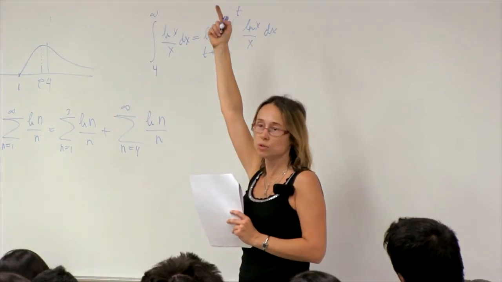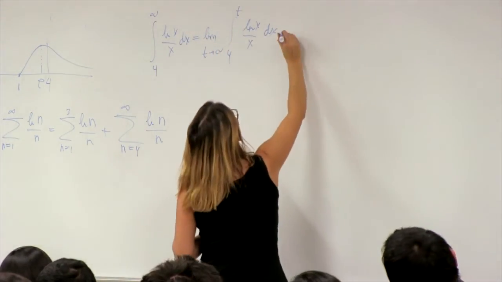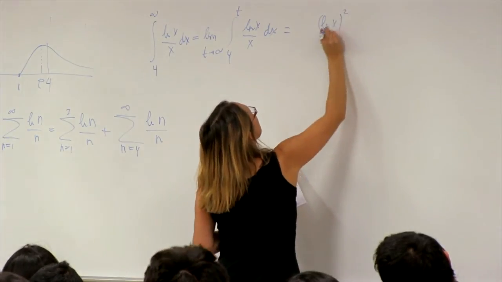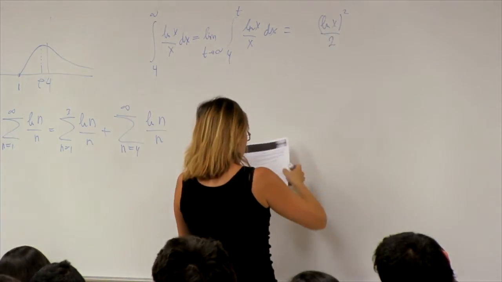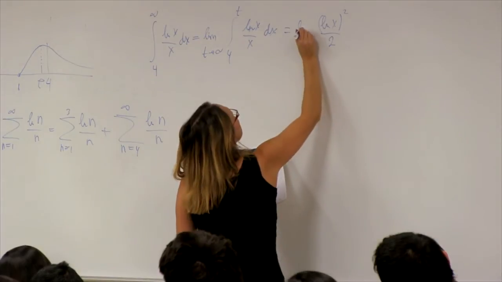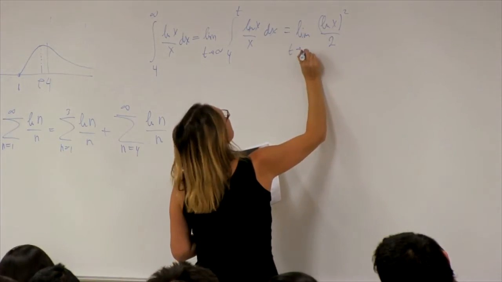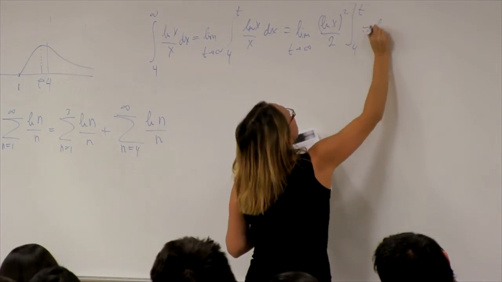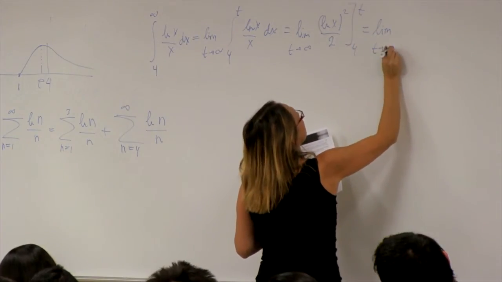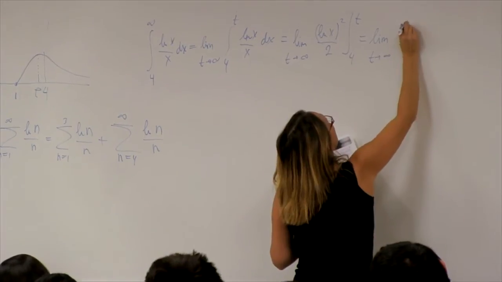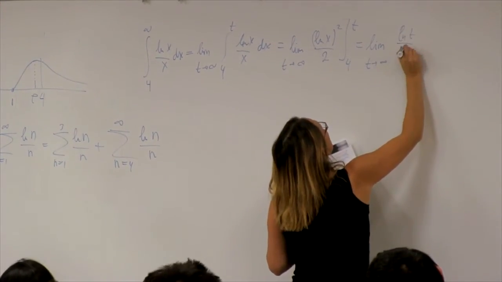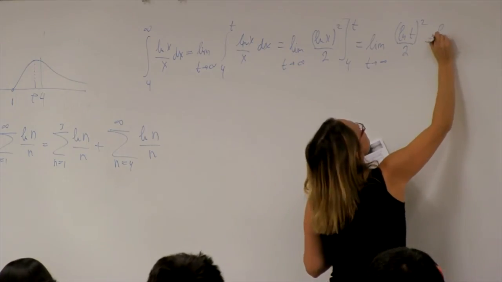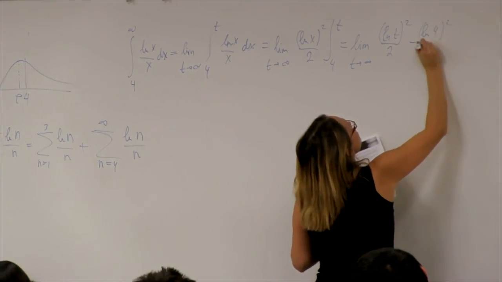The integral is u squared over 2, and then we recall that u is the log. So you have log x squared over 2, limit t goes to infinity, evaluated at 4 and t. Almost done. So I have log t squared over 2 minus log 4 squared over 2.